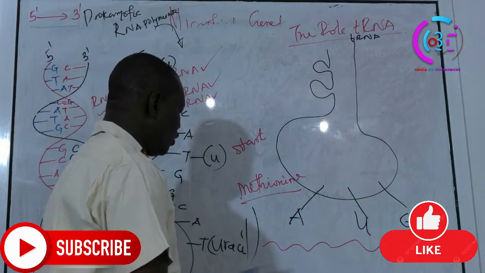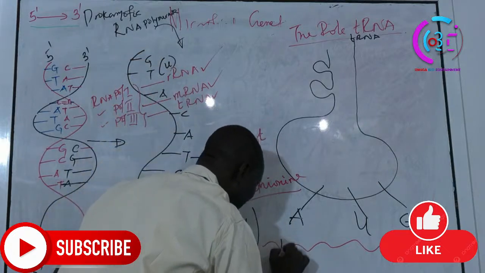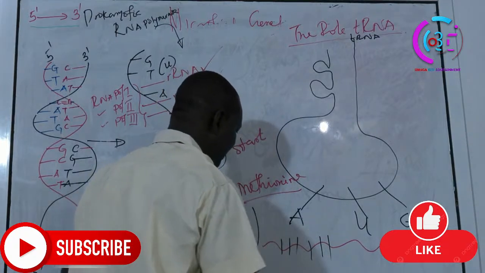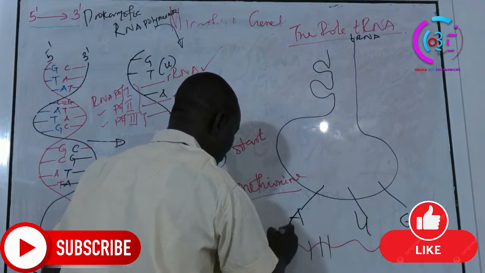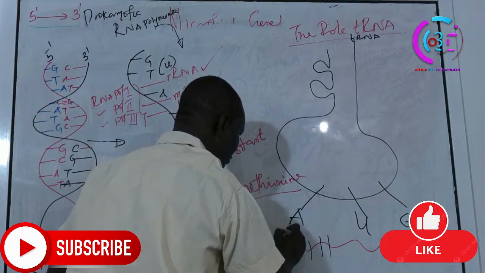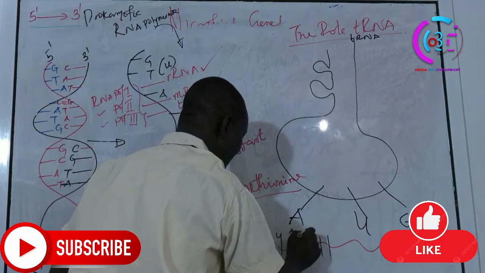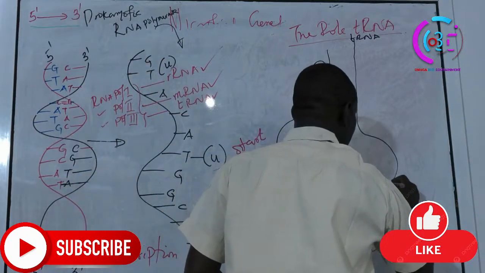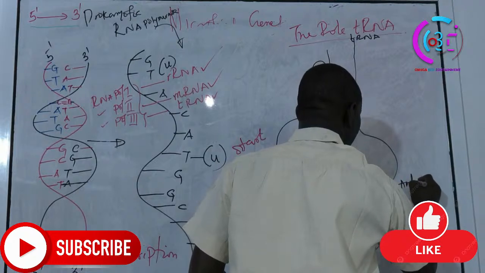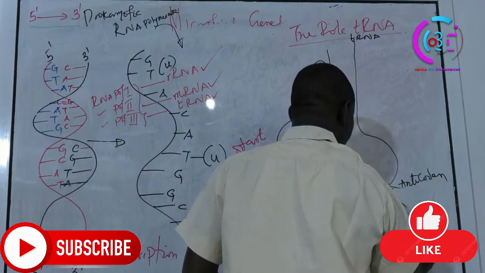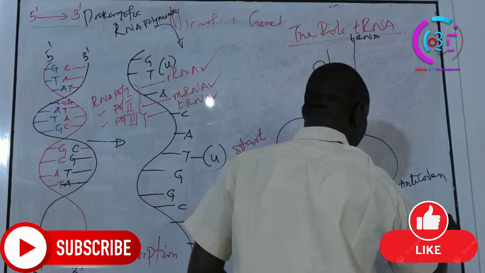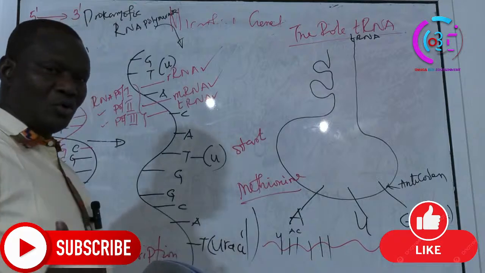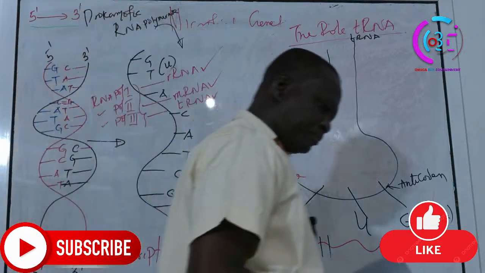Don't forget that this occurs in triplet codons, so for AUG, this is going to be U, this is going to be A, this is going to be C. So this place is called the anticodon, and on the messenger RNA you now have the codon. So it's just like a lock and key rule.